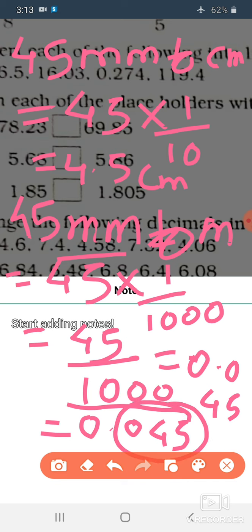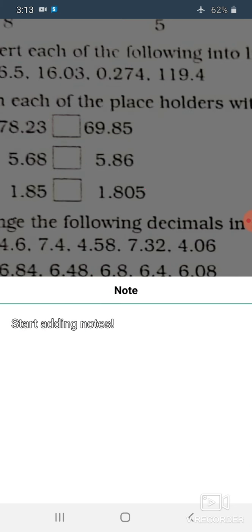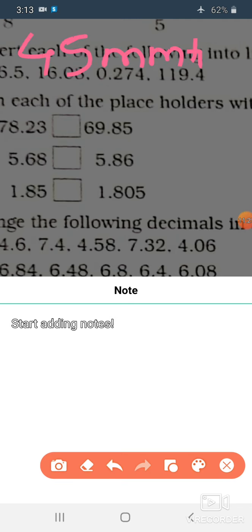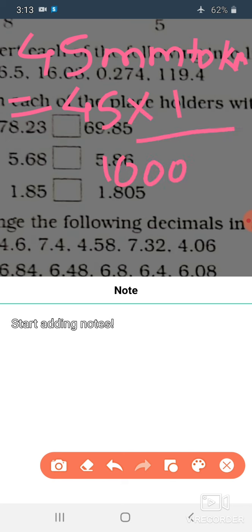Okay, let's convert 45 millimeter into kilometer. For that we need to multiply it by 1 by, remember there are 6 zeros.